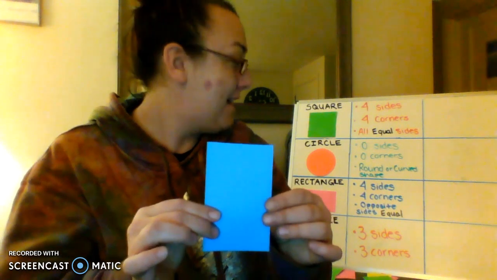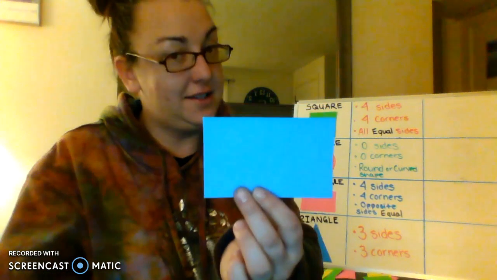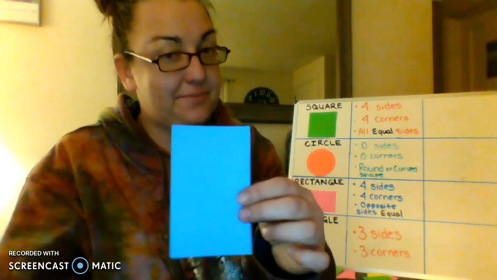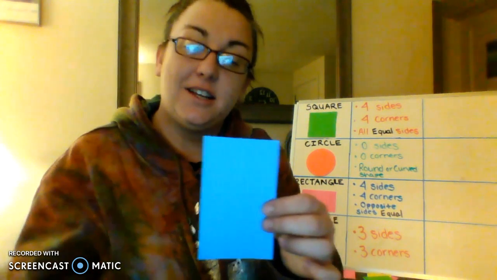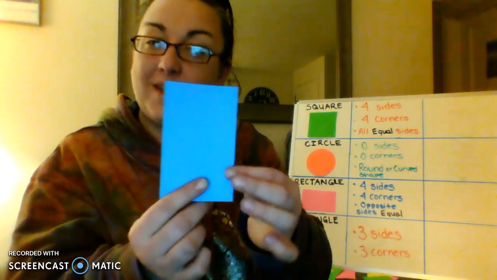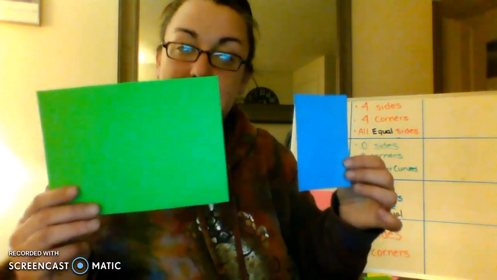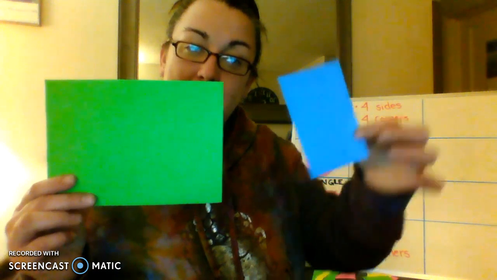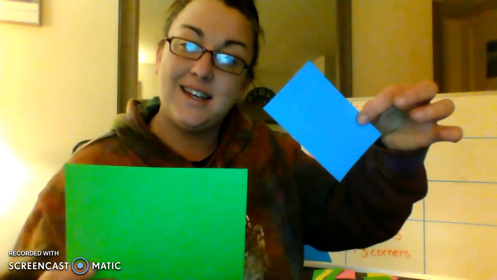Good job. And what about the sides? Are they the same? They are not. We have 2 short sides and 2 long sides, right? So this is a rectangle. So even if it's this way, or this way, or this way, it's still a rectangle.